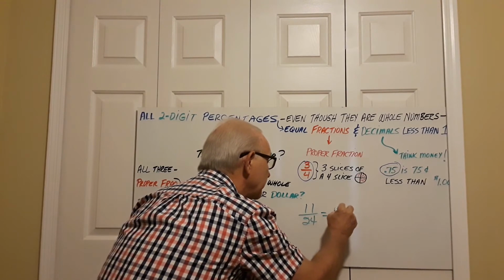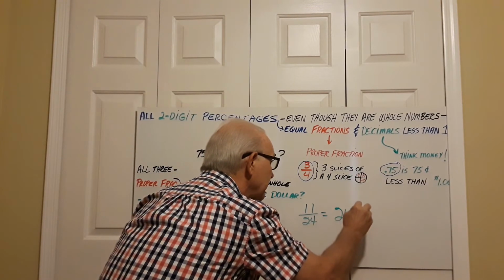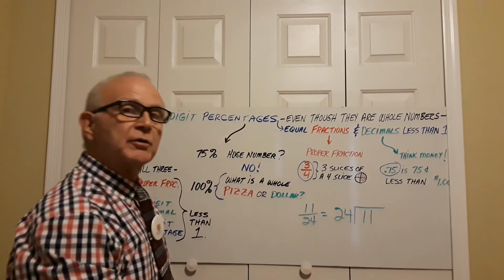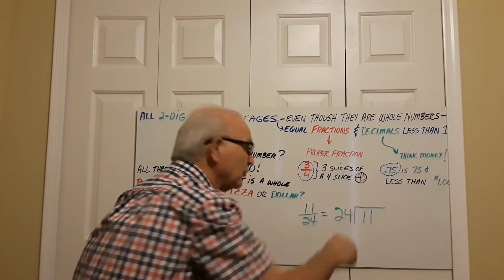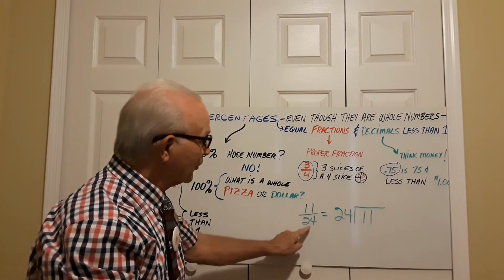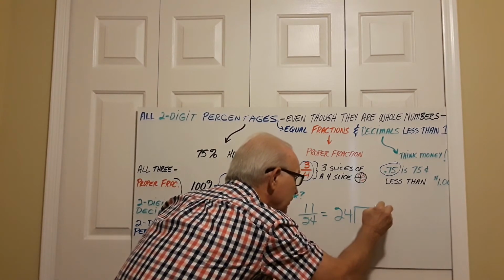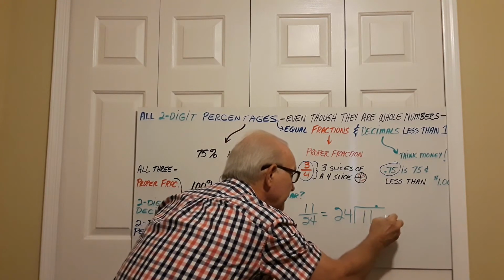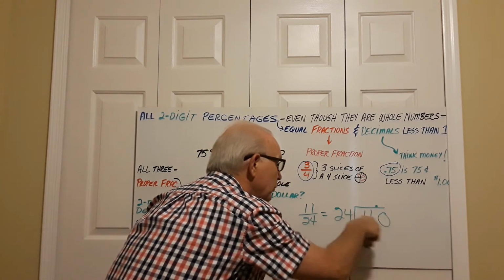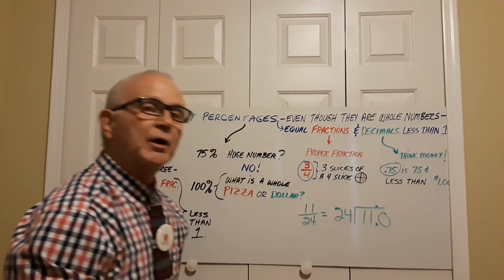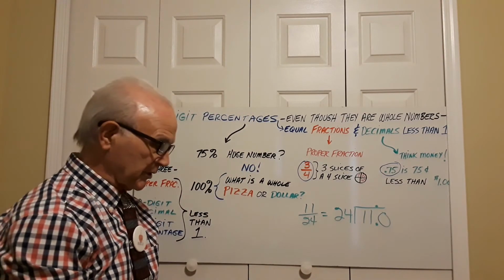You would divide the denominator into the numerator. Does 24 go into 11? No, 24 is bigger than 11. In fact, you're probably always going to have to put a 0 there with a decimal point, and then use your calculator and divide 24 into 110, and you will get the percentage.